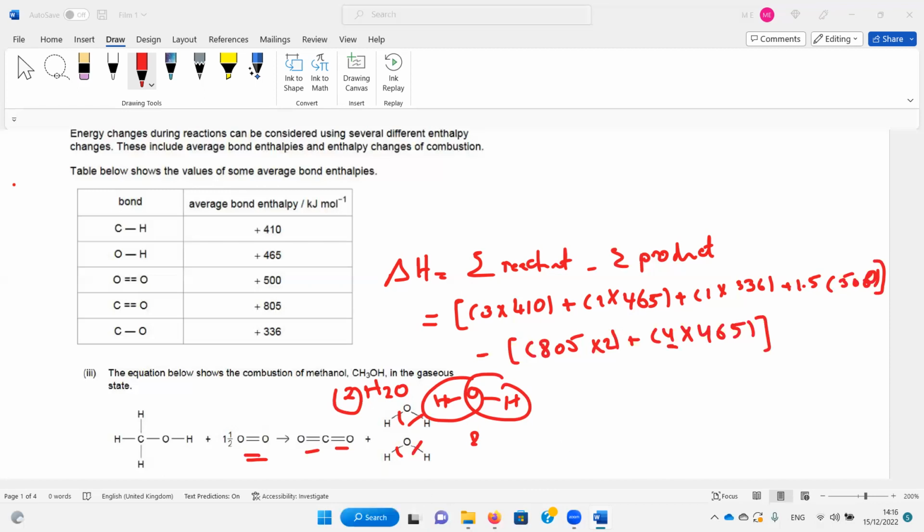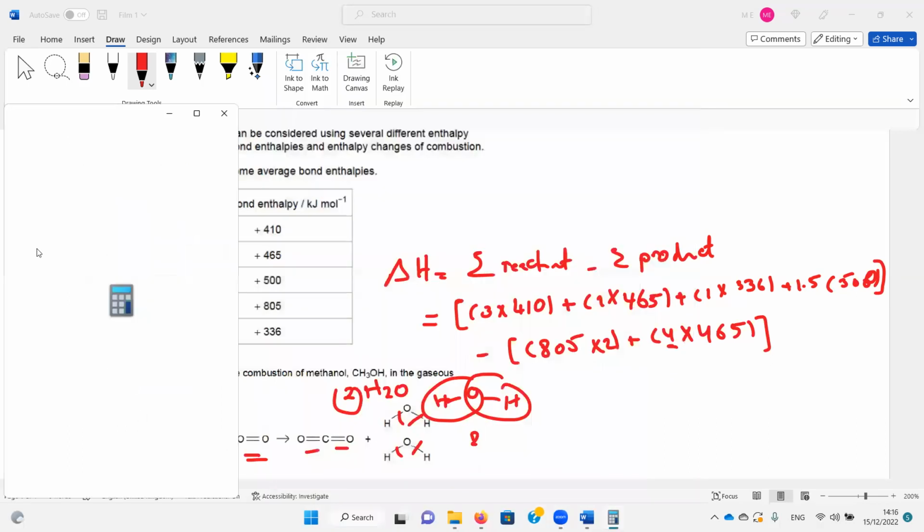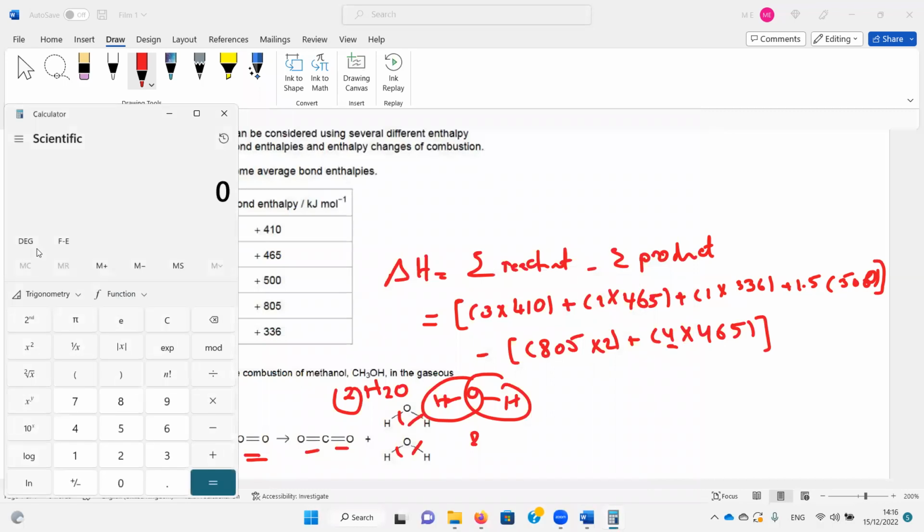And in maths, as you know, you need to do whatever operation is within the brackets before anything else. And also you need to do the multiplication and division before the subtraction and addition.